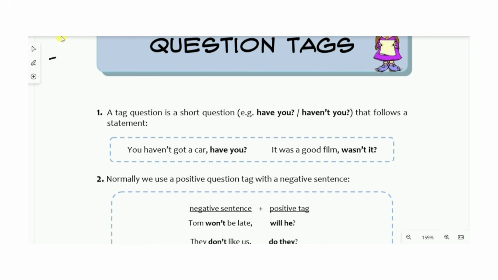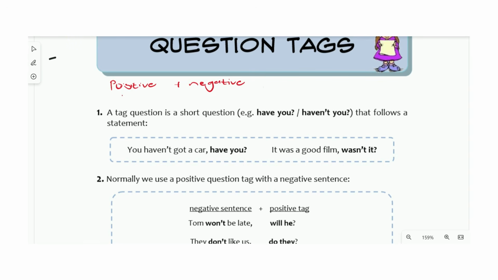But what I've noted that we need to start with in the introductory part of the lesson is to distinguish between a positive and a negative question tag.